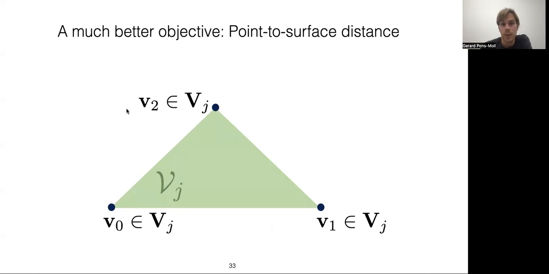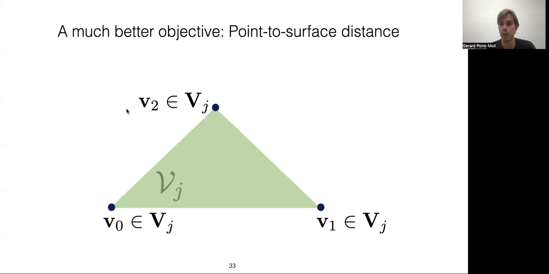Okay, something else that improves the results significantly is not computing the closest points from the target shape to the source shape, but minimizing the point-to-surface distance directly, right?